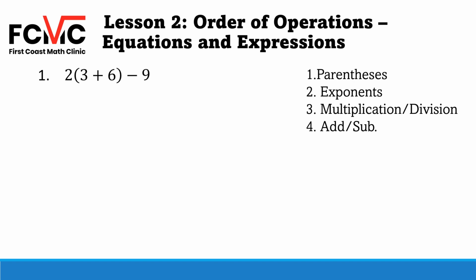Number 1, we've got 2 times the quantity 3 plus 6, minus 9. We've got our order of operations off to the side just to remind us. So first thing we want to do is parentheses. Let's start with the 3 plus 6. So we're going to have 2 times 9 minus 9. Now we've got multiplication and subtraction, so let's do the multiplication first.